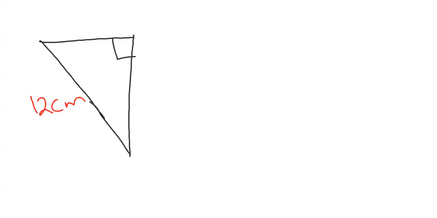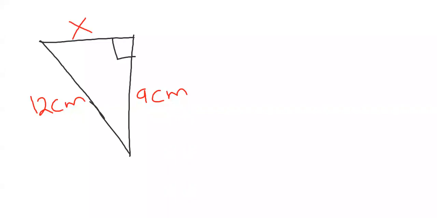So it's 12 centimeters. And you are also given this side, let's say it is 9 centimeters. And then the question is asking you to find the length of X. Now, from what I did, X is A. X is your A, which means you are looking for A.